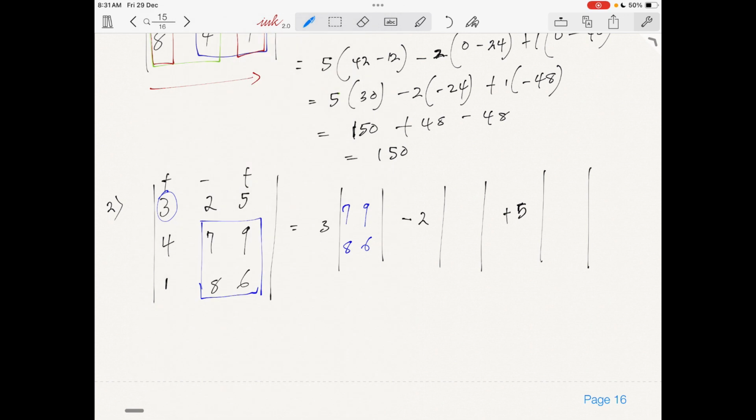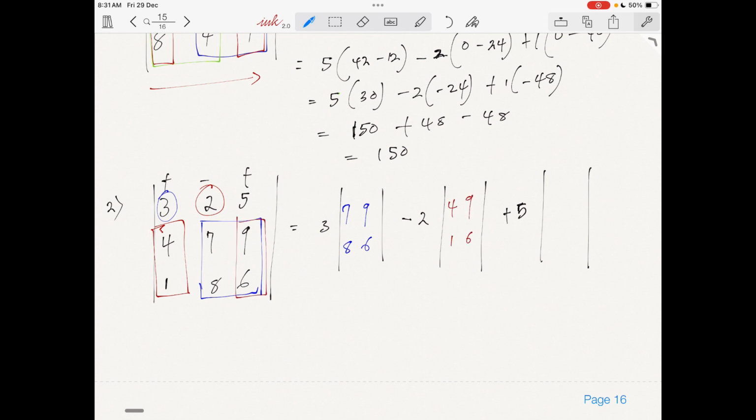And we move on to negative 2. What are we going to be left with when we take the elements on its horizontal and the elements on the vertical? We are left with 4, 1, 9, 6.